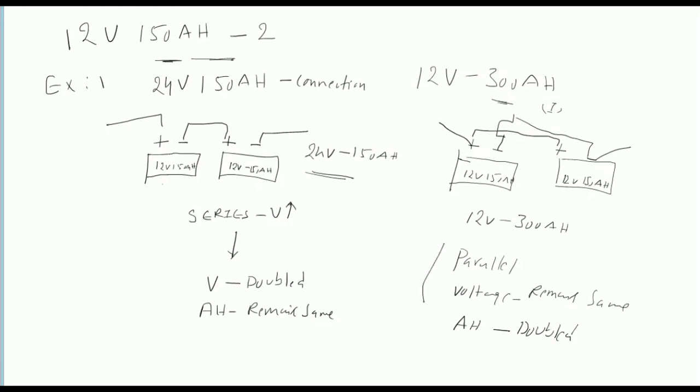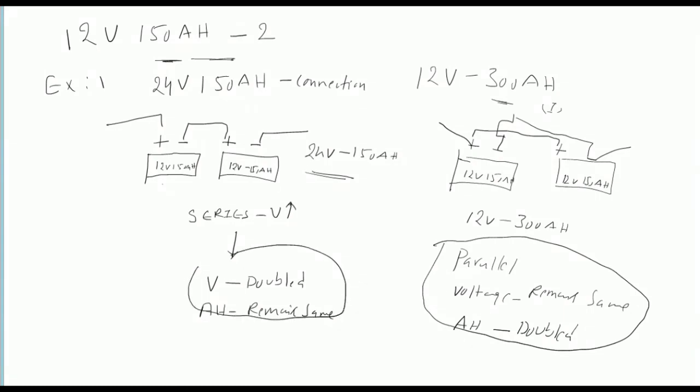These are the basic fundamentals of any battery connection: in series the voltage gets doubled and the Ah level remains the same, and in parallel the voltage remains the same and the current gets doubled.